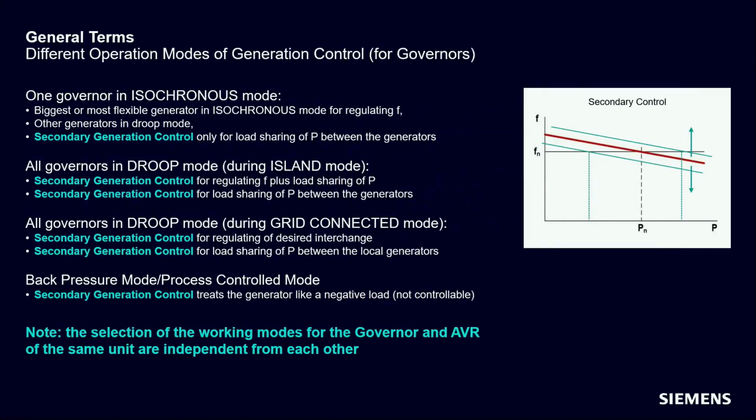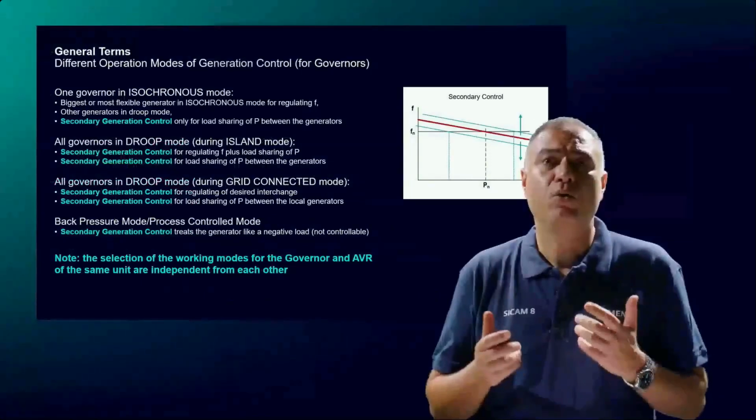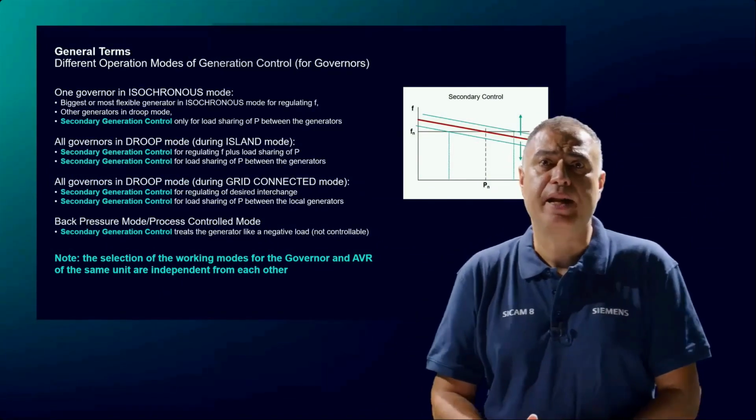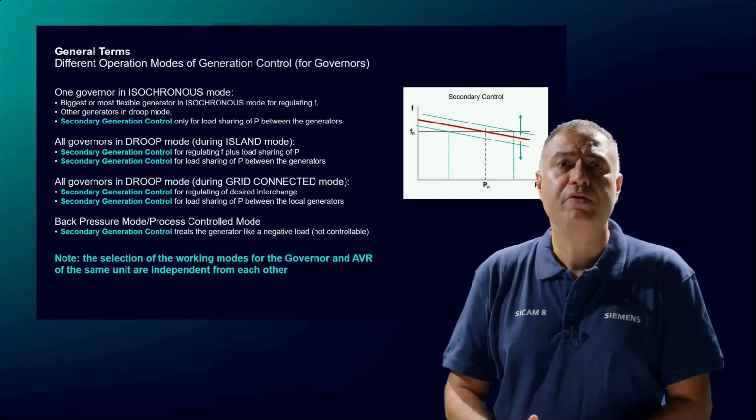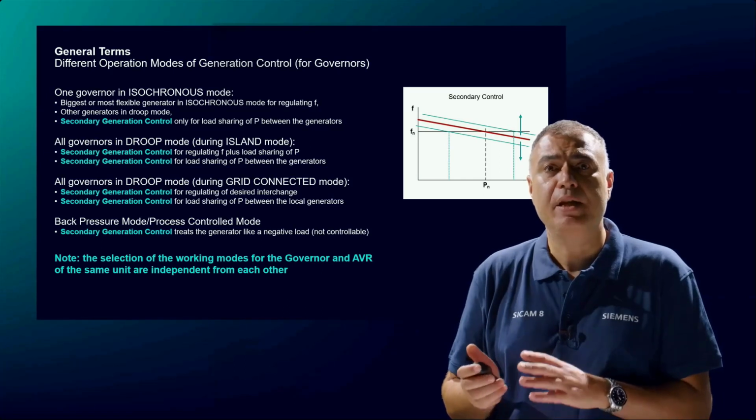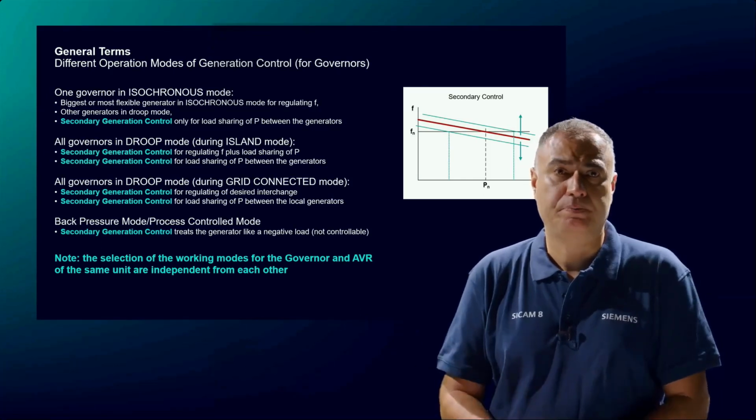There are 4 operating modes for how the primary controller can work together with our secondary generation control system. On this slide, we will explain the first 2 modes. The first, when one governor is working in isochronous mode, the frequency is already regulated by this primary control.